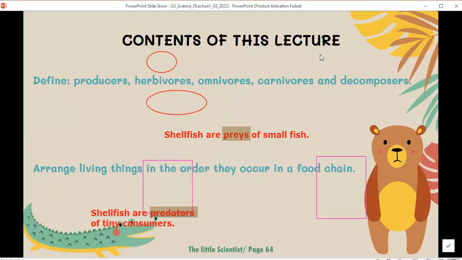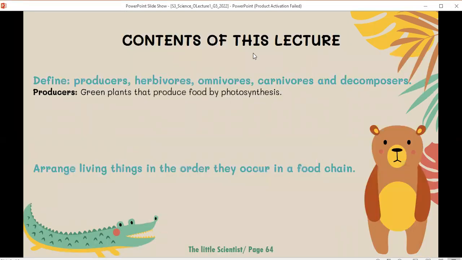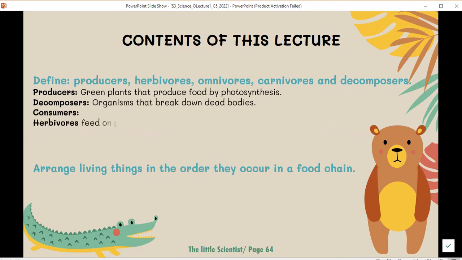And that's it. Let's go for a quick review of what we just learned. Producers are green plants that produce their own food via the food making process called photosynthesis. Decomposers break down dead bodies and change them into minerals. Consumers consume their food.